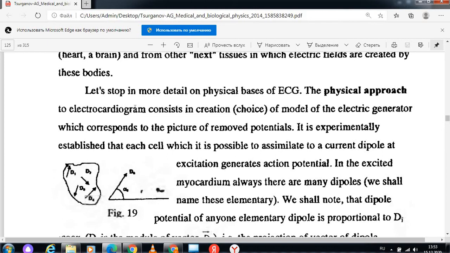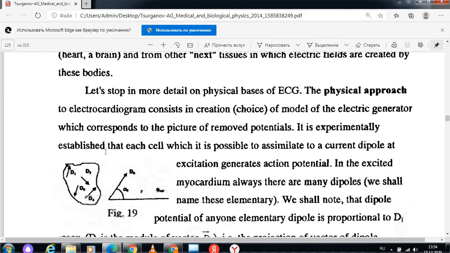It is experimentally established that each cell can be assimilated to a current dipole, as at excitation it generates an action potential. In the excited myocardium there are always many dipoles.